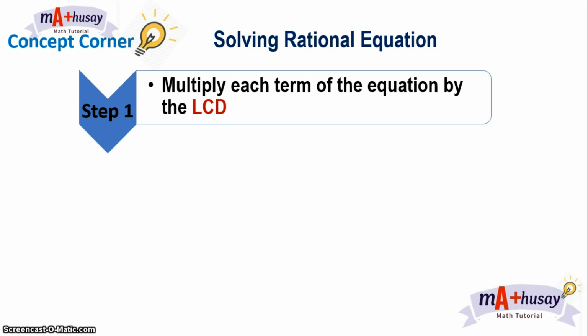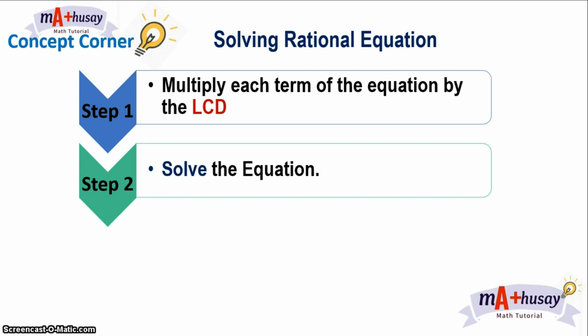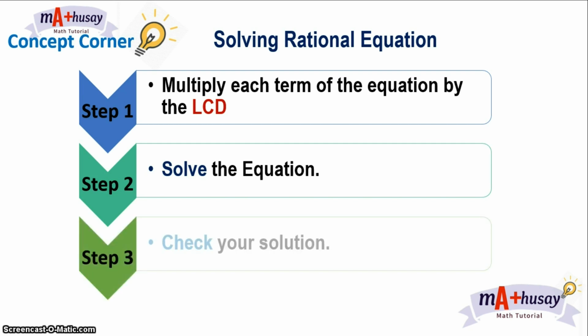Kapag na-multiply na natin ang LCD sa given rational equation, proceed na tayo sa step 2. We can solve the given equation. Kapag na-solve na natin ang given equation, kailangan pa rin nating i-check yung sagot o yung solution, kung magsasatisfy ba siya sa given na rational equation or not.